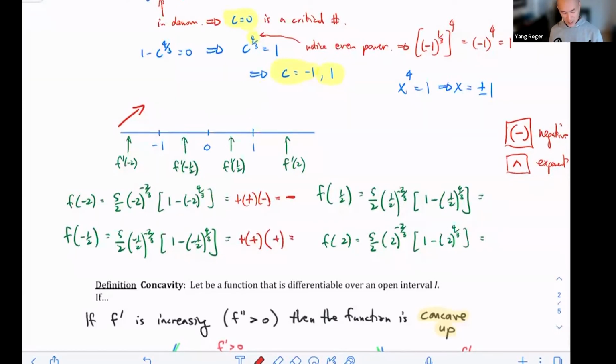So positive times positive times positive is positive. So this guy was decreasing, and this guy was increasing. We do the same thing for the last two. If you do the last two, you're going to get a positive number here and a negative number there.